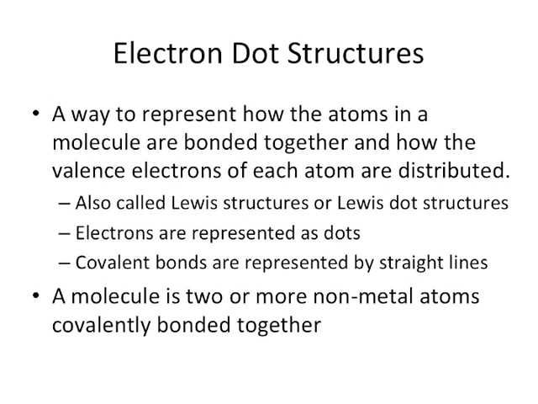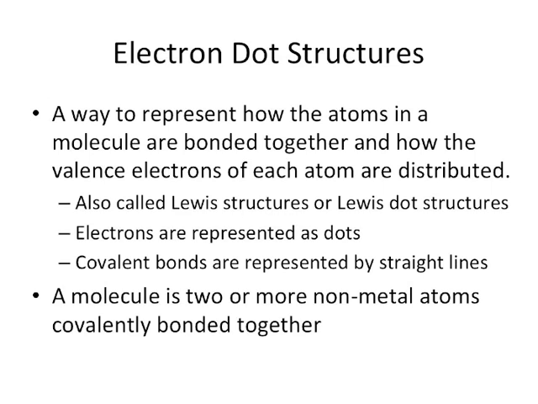In this representation, electrons are represented as dots, and covalent bonds are represented as straight lines between two atoms. A covalent bond, of course, is a shared pair of electrons between two atoms.